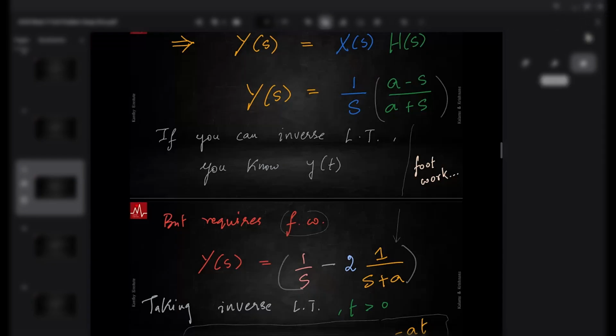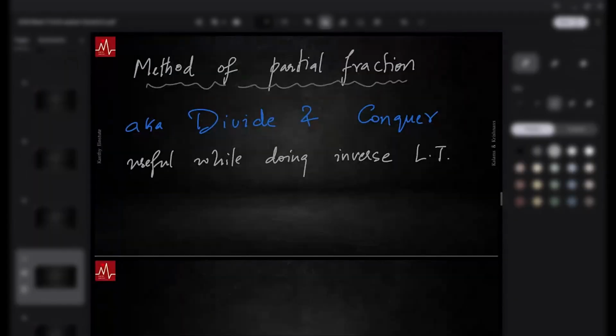So we'll call it divide and conquer. Method of partial fractions, also known as divide and conquer, is useful for doing inverse Laplace transform.